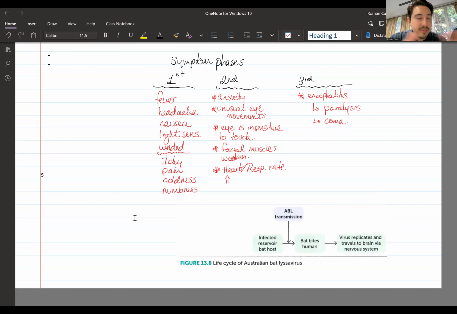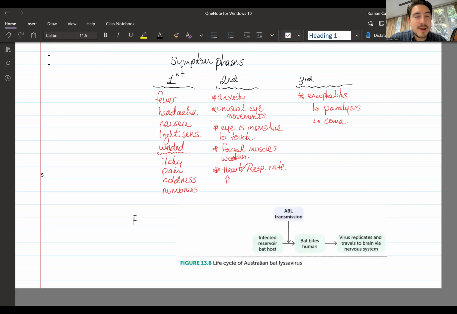And then once you surpass this phase, the virus is replicating more and more, and essentially establishing itself in the nervous system, things start to become more critical, right? You start to get general anxiety, unusual eye movements, right? The eye is one of the things that's quite particular, in that the eye is insensitive to touch.